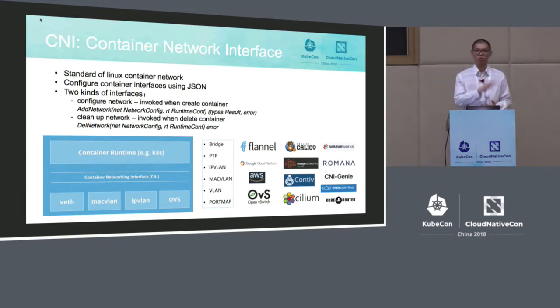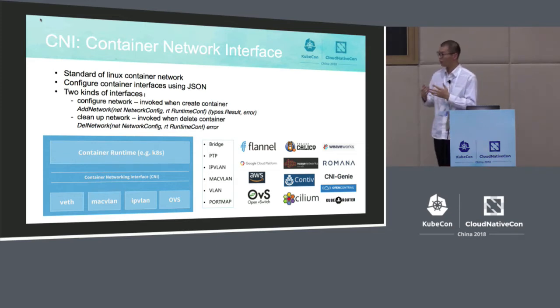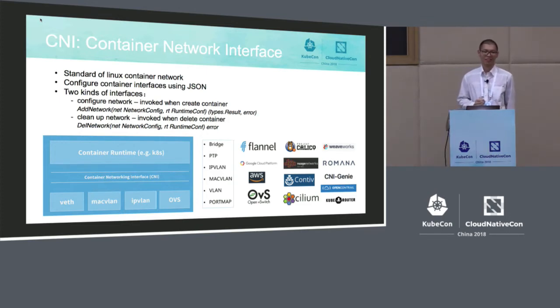It shields the details of the bottom layer plugins. Flannel, Calico and Weave are third-party CNI plugins. Multus is a multi-network plugin. It failed to implement a single pod.